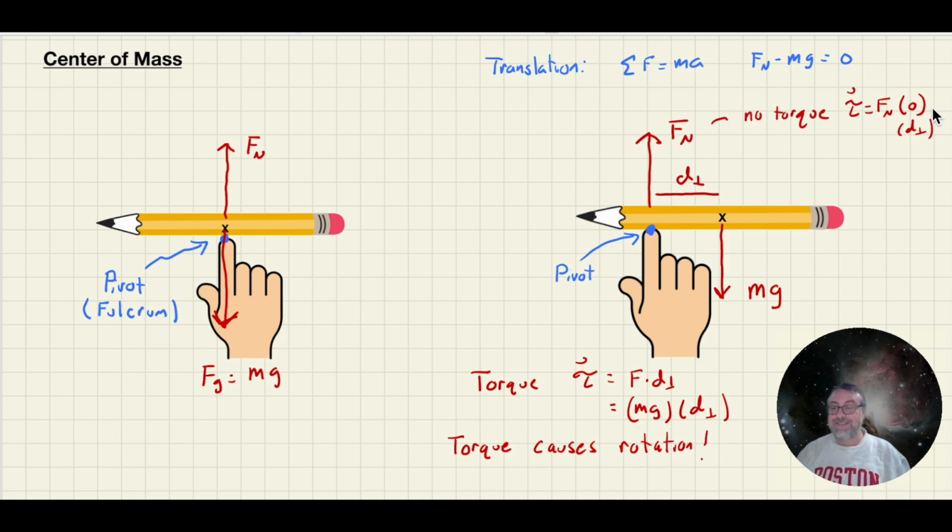Now, like I said, torque is a very powerful tool in physics. More on that later. But because how the forces applied to the center of mass will determine whether or not you have a torque or not, working with the center of mass is an important concept.